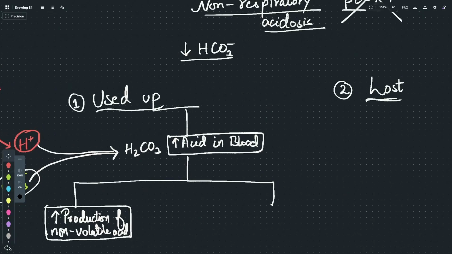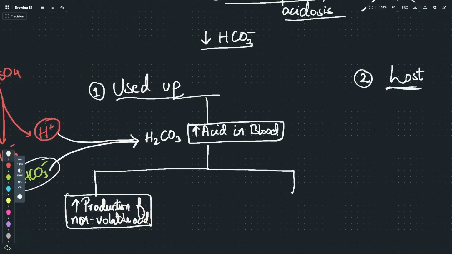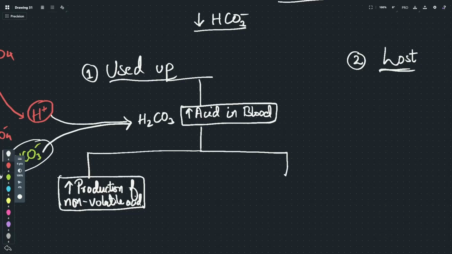So how can bicarbonate be used up? One thing is that there could be increased production of non-volatile acids, and what those are and how they are produced, we will discuss. Just give me some time. The other thing is that there could be ingestion of acids or non-volatile acids. Of course, I'm not going to write it here, please understand that even if I do not mention it, it is understood, right?